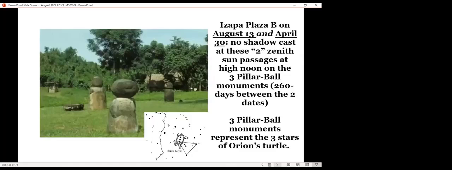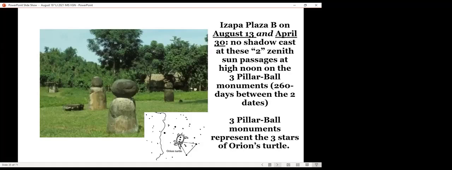There's Alpha Plaza B on August 13th and April 30th. Here, these pillar balls document the zenith, where there is no shadow, with the sun overhead on these two zenith dates, measuring the 260 days of the creation cycle.